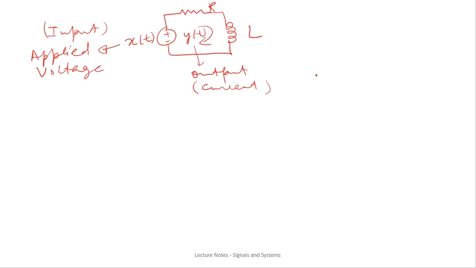Now the question is that you have to find a differential equation that describes this system and determine the natural response of the system for t greater than 0, assuming the current through the inductor at t equals 0 is 2 ampere. Okay, so this is the initial condition which is given in the problem.